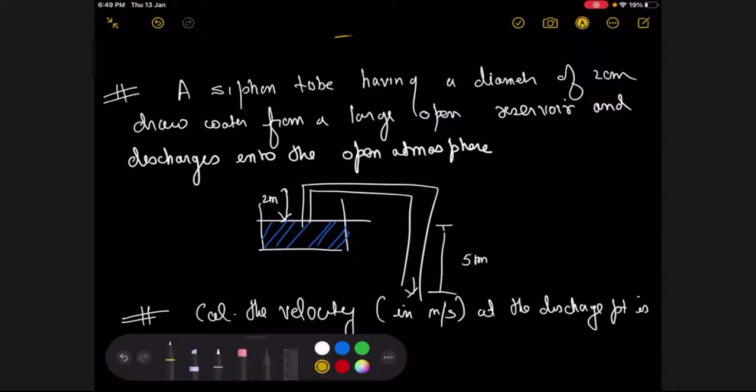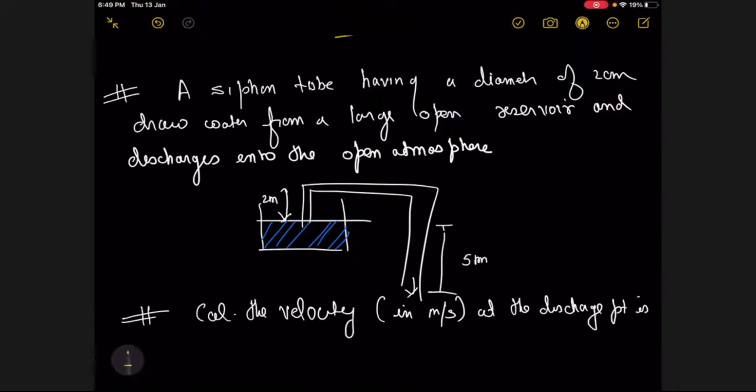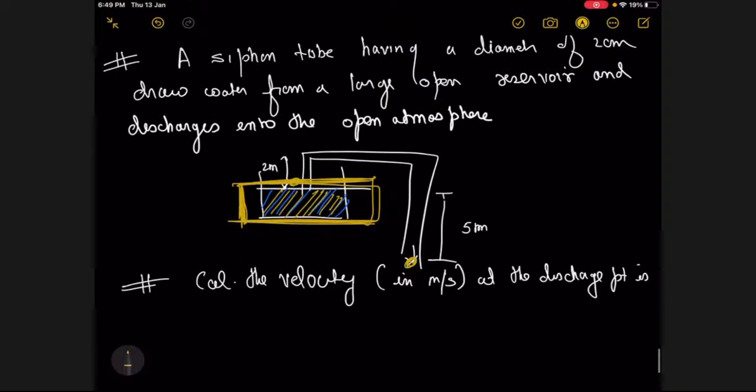So if you see this question, this box has a potential energy. Why? Because here the water is at static position. And this point is open to atmosphere.